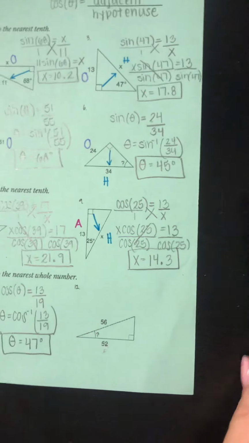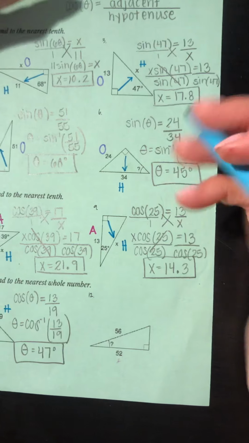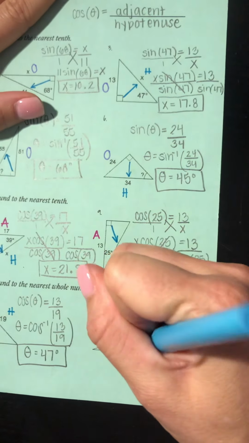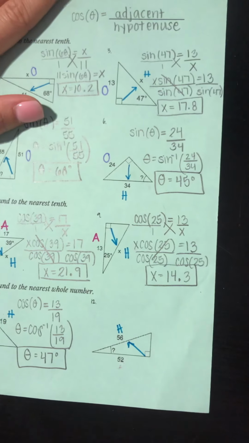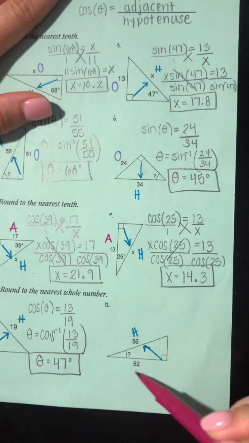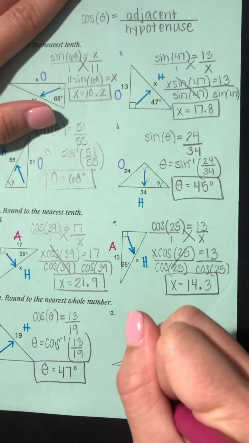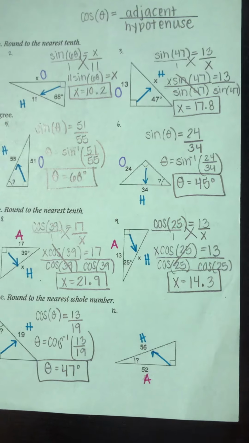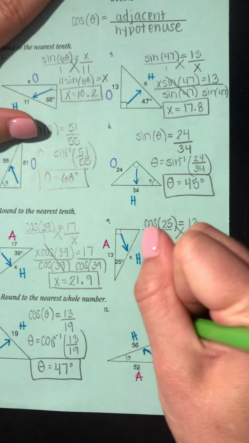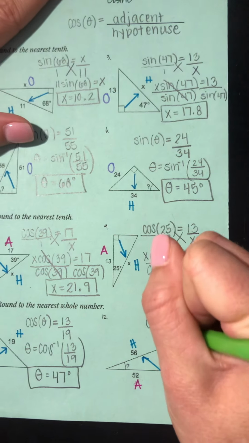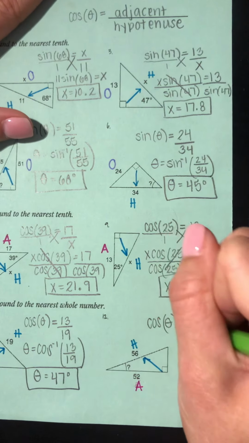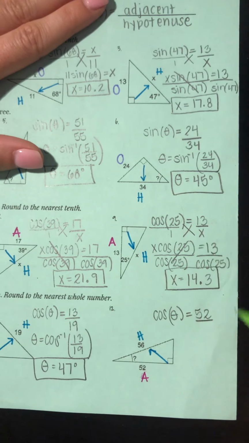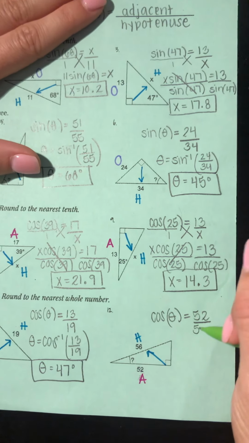So last one. This is the hypotenuse. And the side right next to our angle is the adjacent. So cosine theta, because we don't know what it is, equals adjacent, which is 52, over our hypotenuse, which is 56.